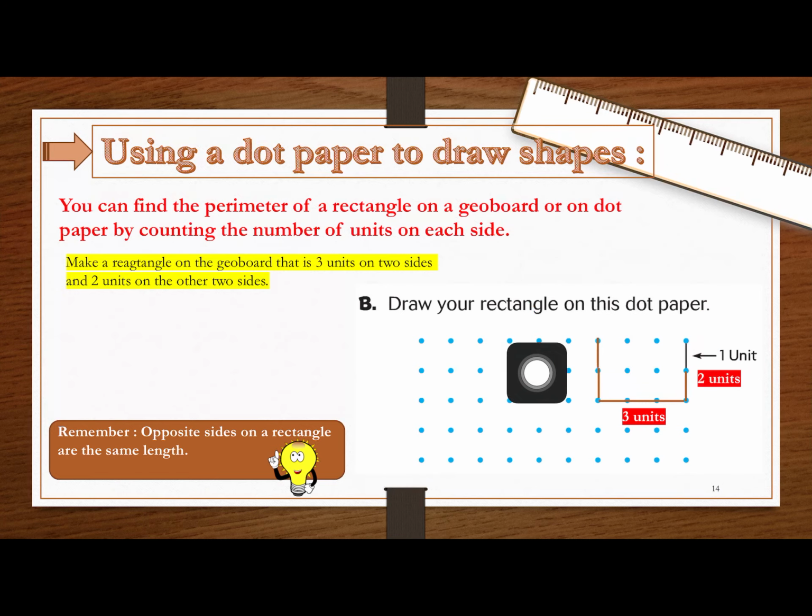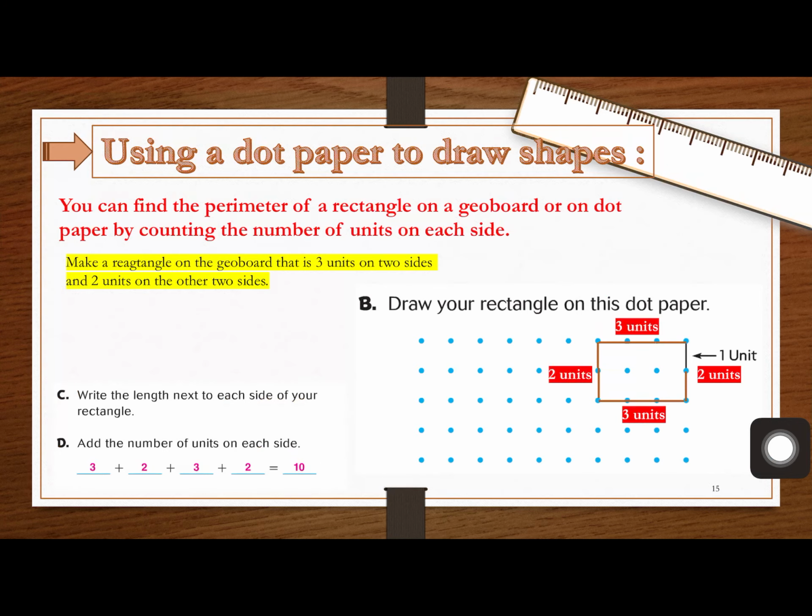So this side over here is the same length as this side over here, and this side is the same length as this side. Okay, now all I have to do is write the lengths next to each side on my rectangle, and I did already. Here's 2 units, 2 units, 3 units, 3 units, and then I need to add the number of units on each side. So let's add it all up.